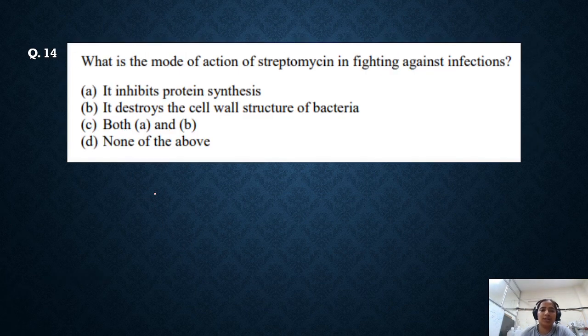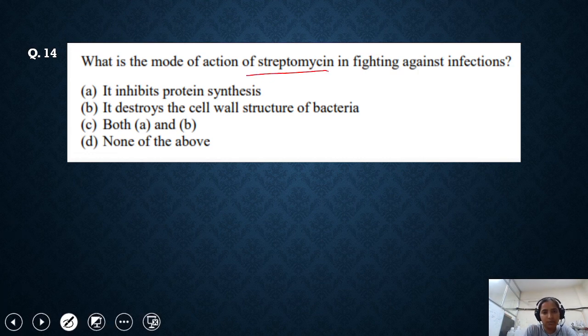Next is, what is the mode of action of streptomycin in fighting against infection? So again, a similar type of question, they are asking about the mode of action. This mode of action is really important when you are studying any antibiotic, antifungal, or any type of pharmaceutical product.